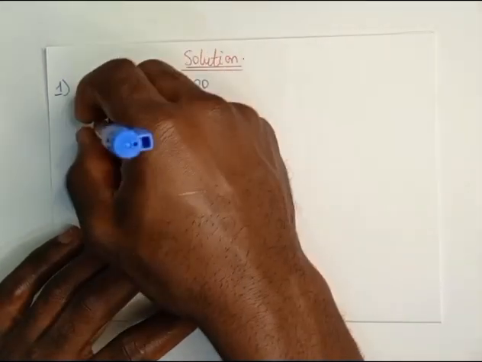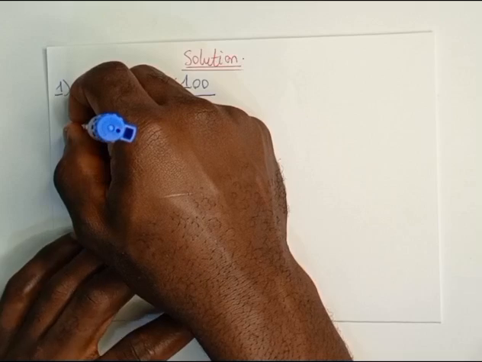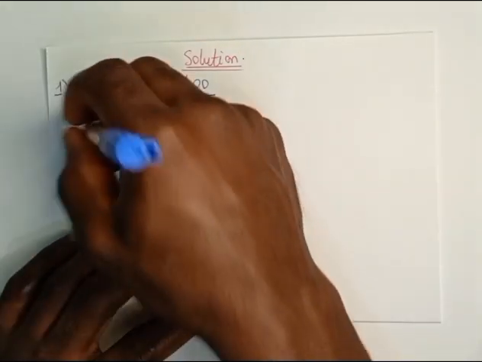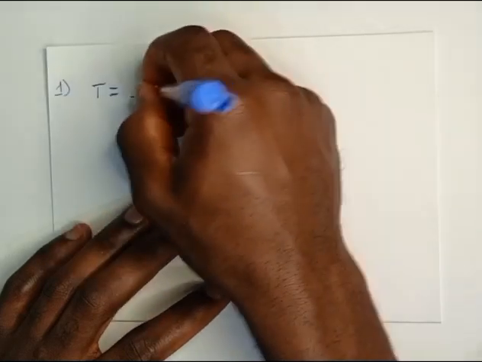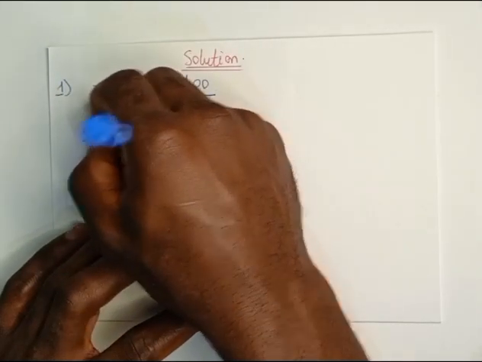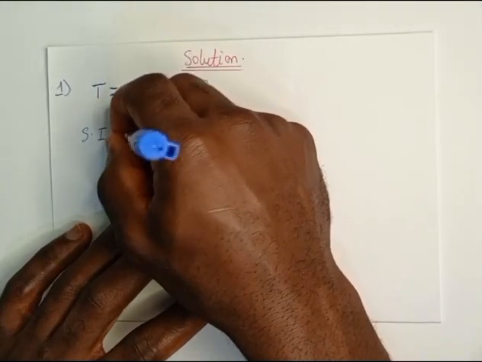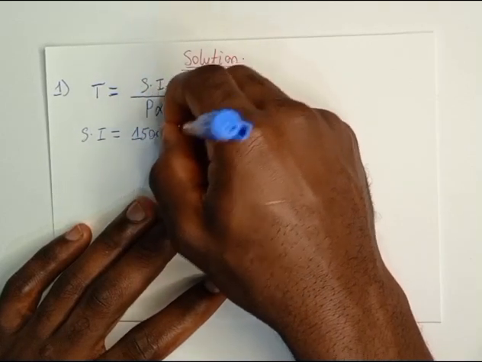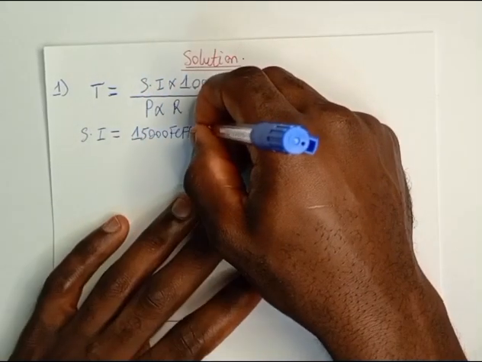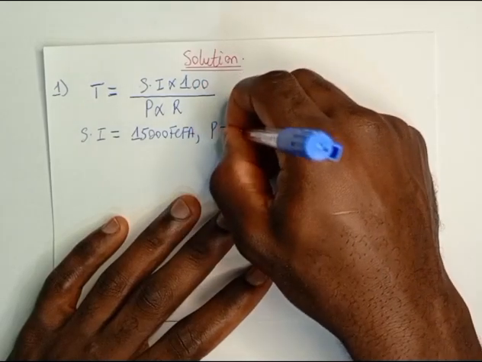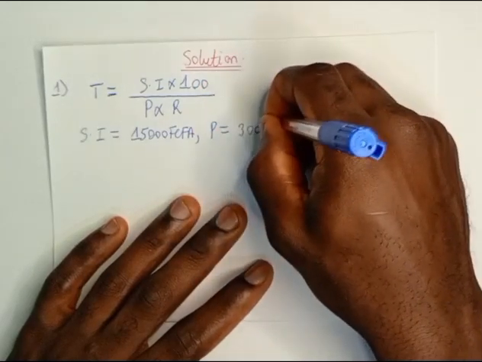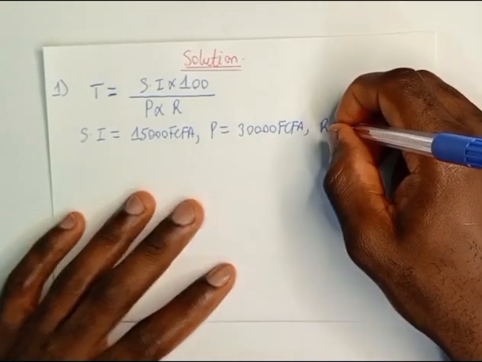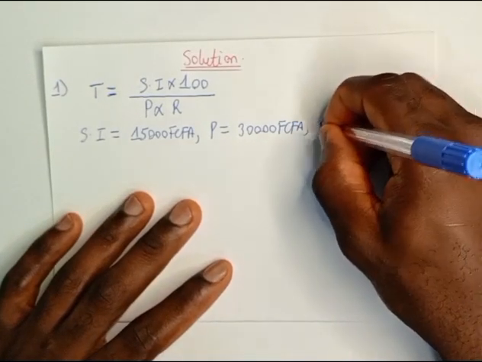From the question, we have been given the simple interest to be equal to 15,000 francs CFA, the principal as 30,000 francs CFA, and the rate as 5% per annum.